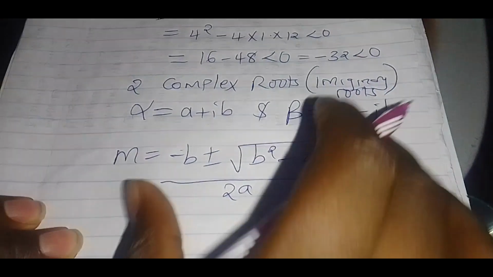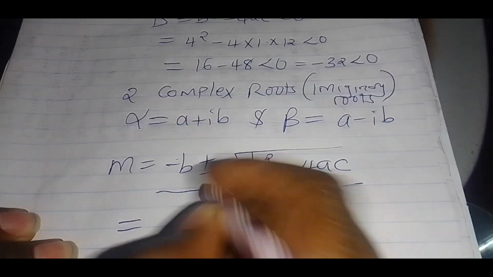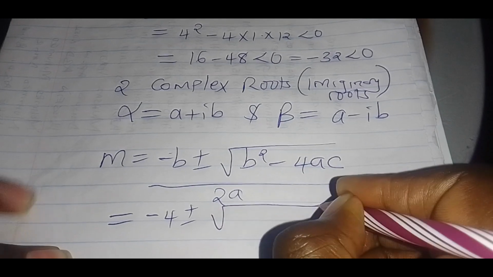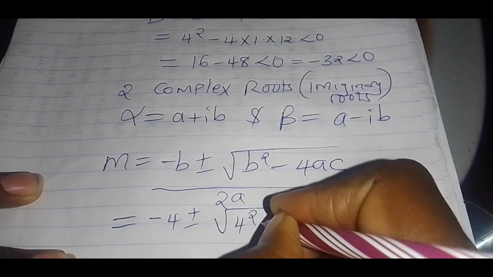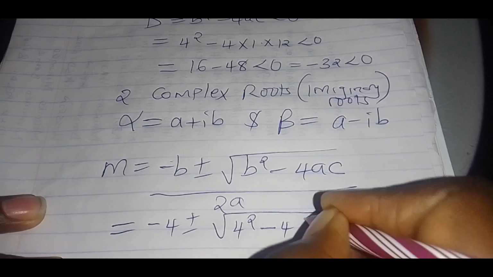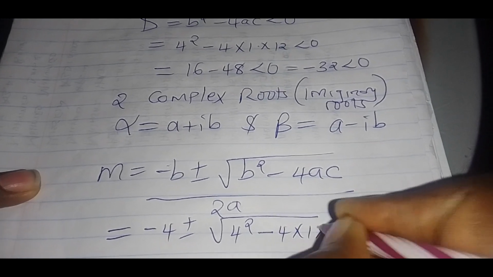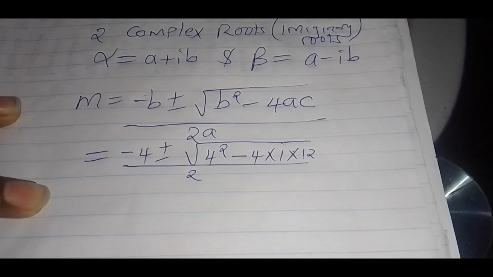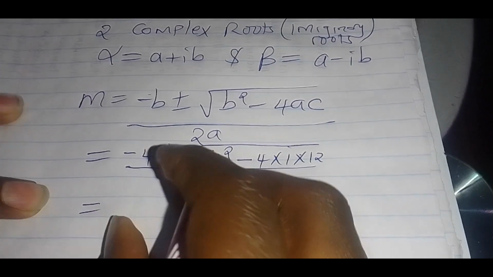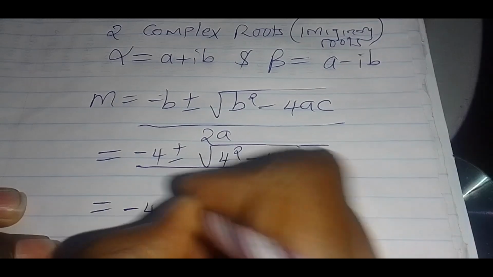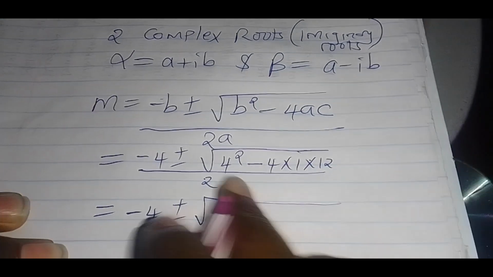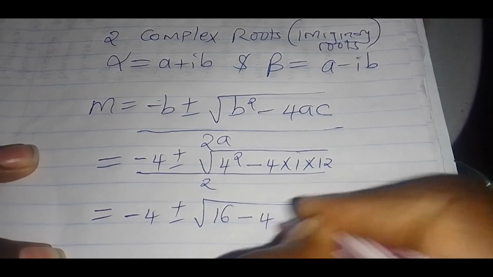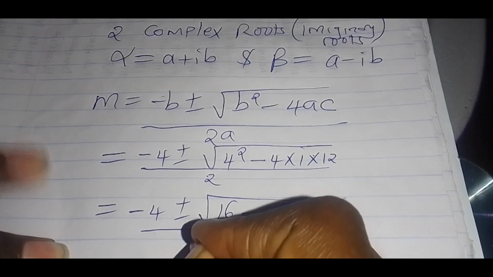If we plug in the values, we are going to have minus 4 plus or minus the square root of 4 squared minus 4 times 1 times 12, divided by 2. So this will give us minus 4 plus or minus, 4 squared is 16, minus 48, over 2.